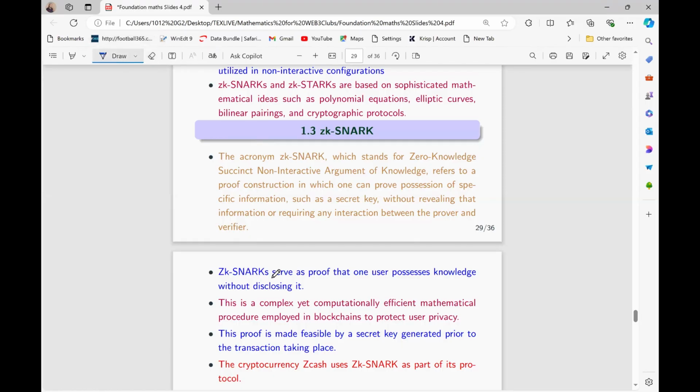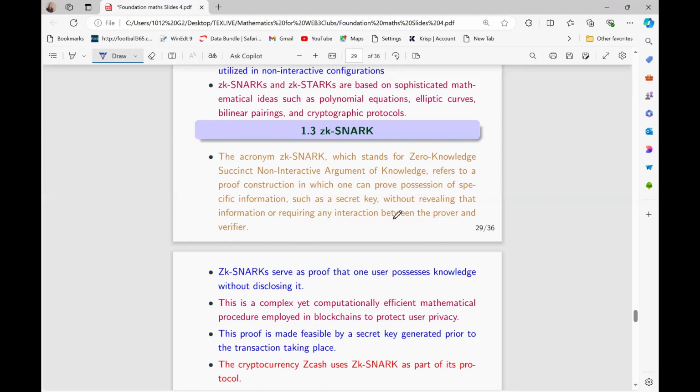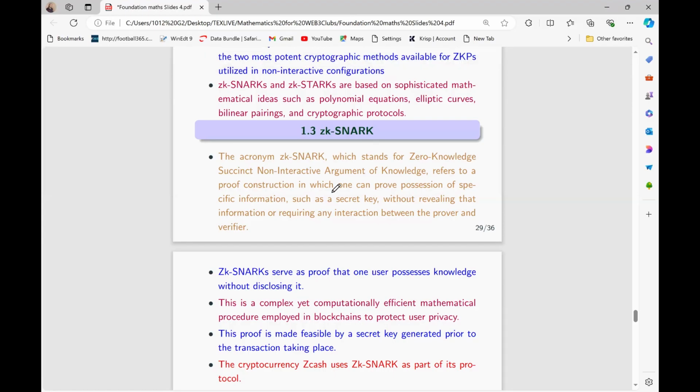Now, so this point I've said, the ZK-SNARKs serve as proof that one user possesses knowledge without disclosing that knowledge. So you don't need to disclose what you have, but prove that you have it. Just prove that you have the knowledge without disclosing what it is. I've already said that it has these mathematical procedures that are employed in blockchain.